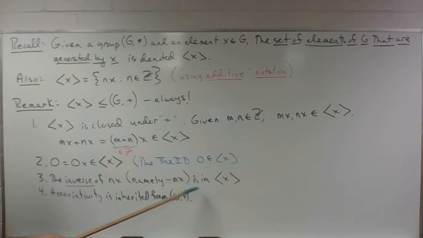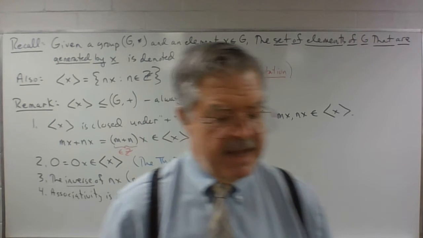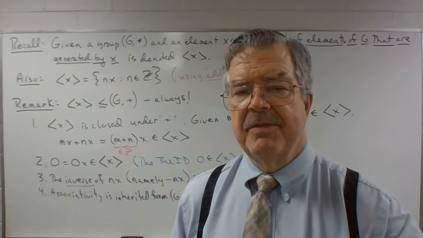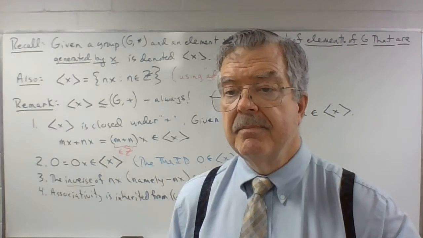So negative nx is contained in the set of elements generated by X. And associativity is inherited from the parent group G. So the set of elements generated by X is always a subgroup of G, the group that X came from.